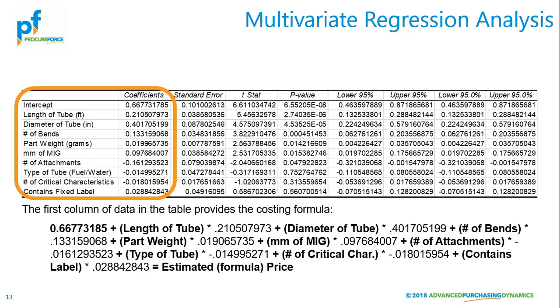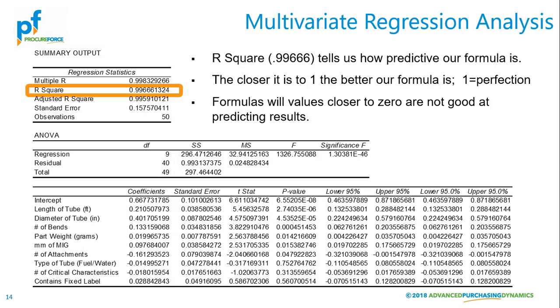Excel spits this out for us, and Excel also tells us if the formula is predictive or not. A predictive formula will have an R squared close to 1. This one is extremely predictive, but the first time you run a regression using Excel, you're going to come up with something that's very unpredictable. You're going to come up with a 0.4 or a 0.3.